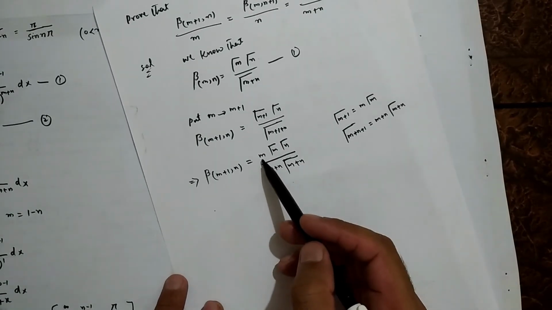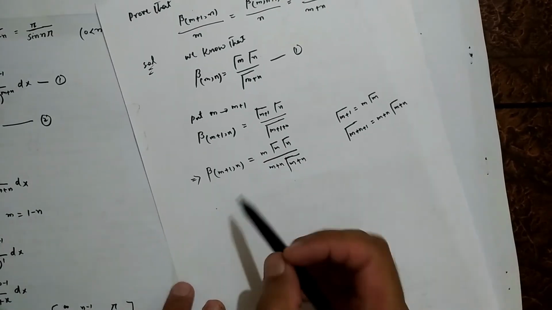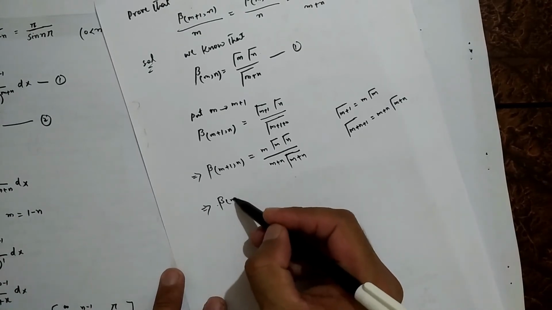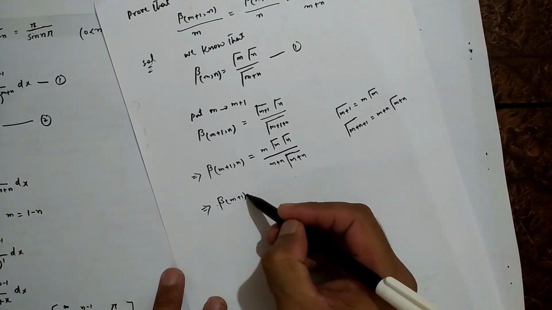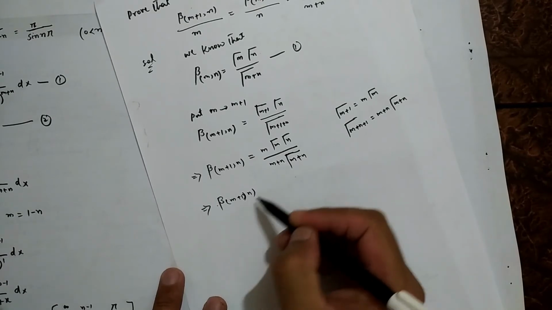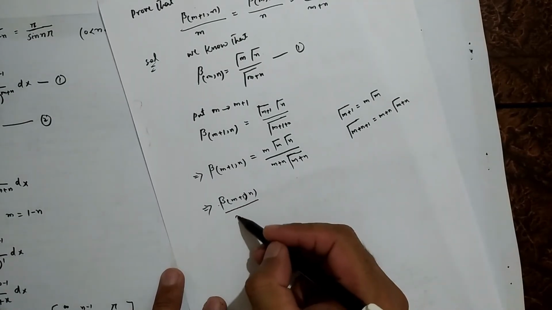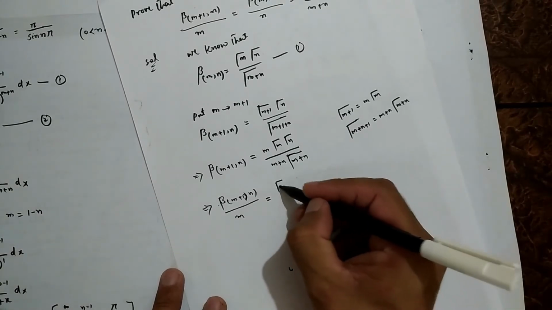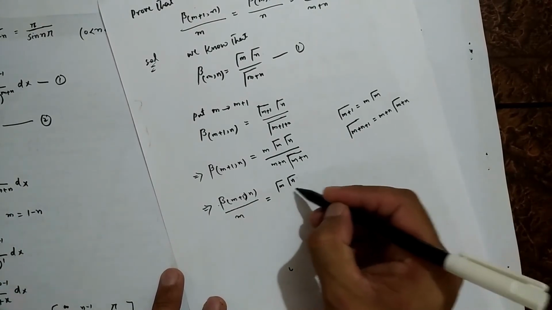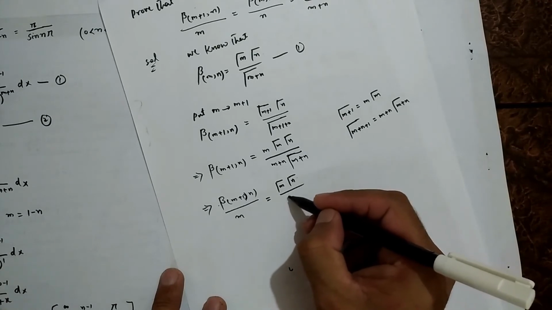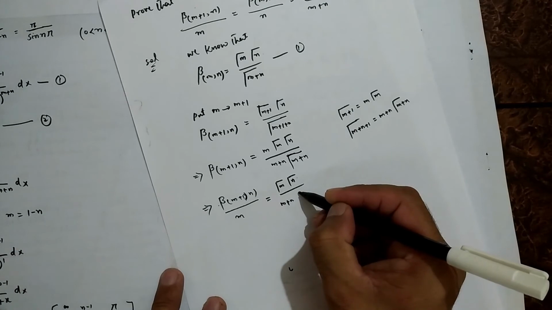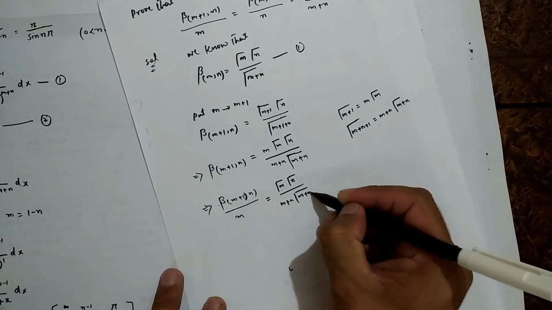So bring this m to the left side, it will become beta (m+1, n) divided by m, equal to gamma m into gamma n upon (m+n) times gamma (m+n).